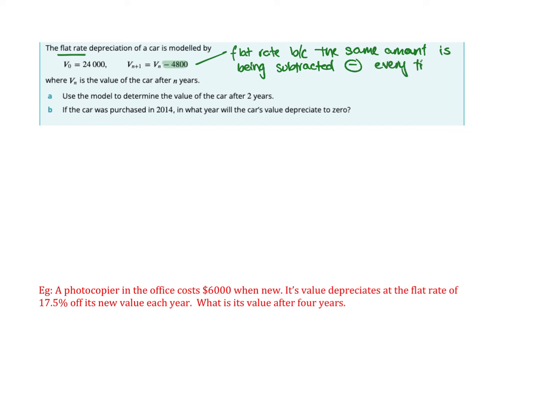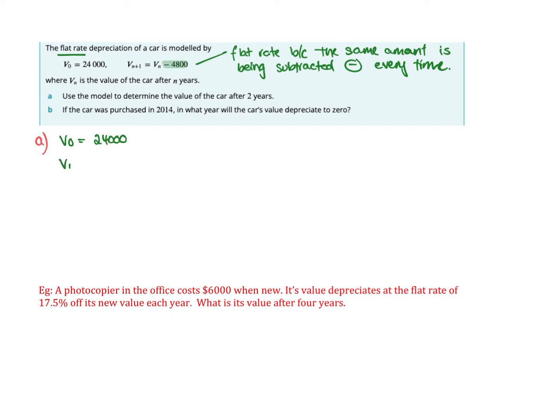Subtracted, so minus every time. Okay, so this just helps us understand it a little bit. They're saying this is a model for after n years. So every time you take 4,800 off, that's 1 year gone. Use this model to find the value after 2 years. Like last time, we have to show this when we're doing this in our exams. So we'll start off with V0 is 24,000.